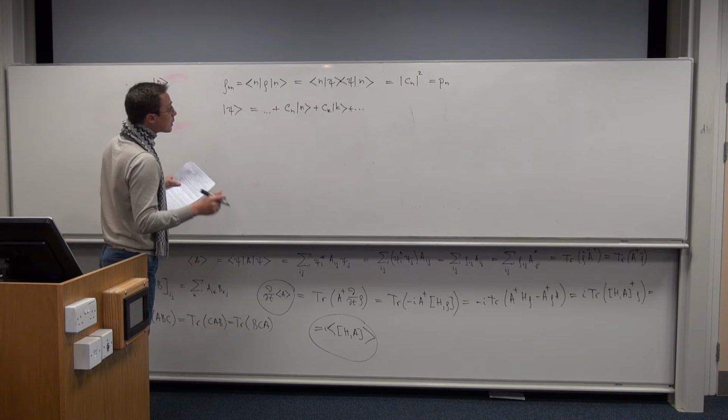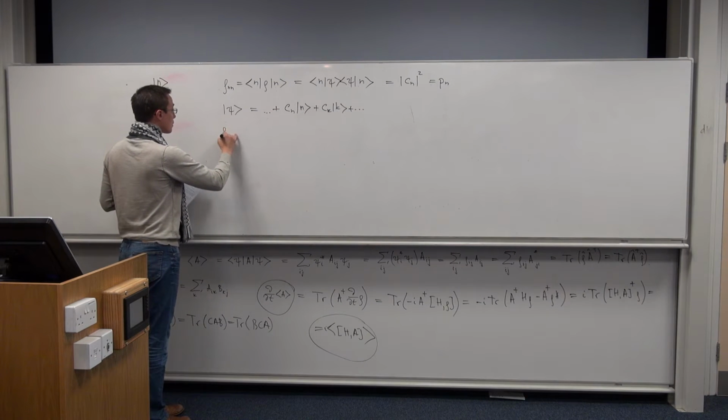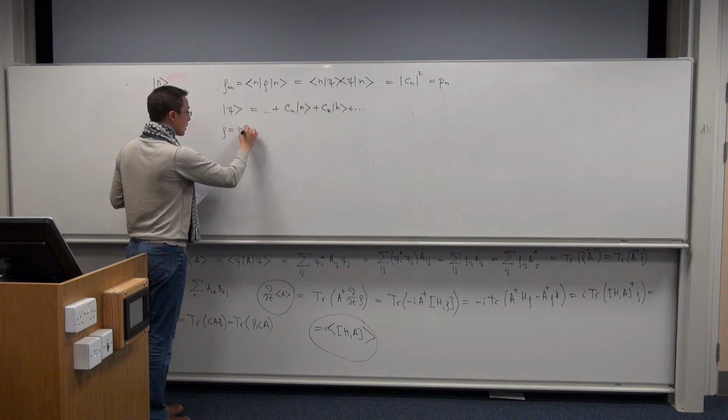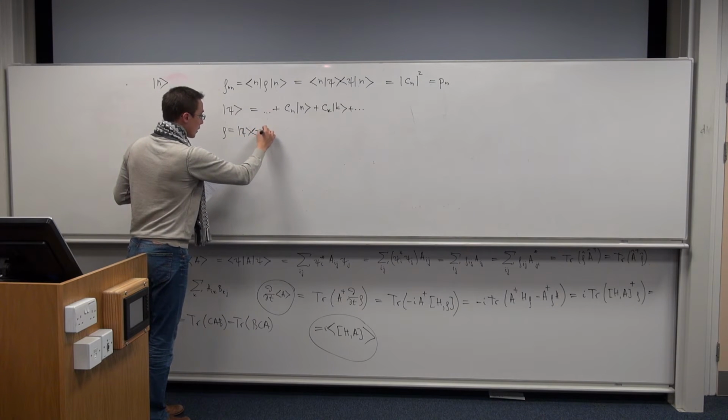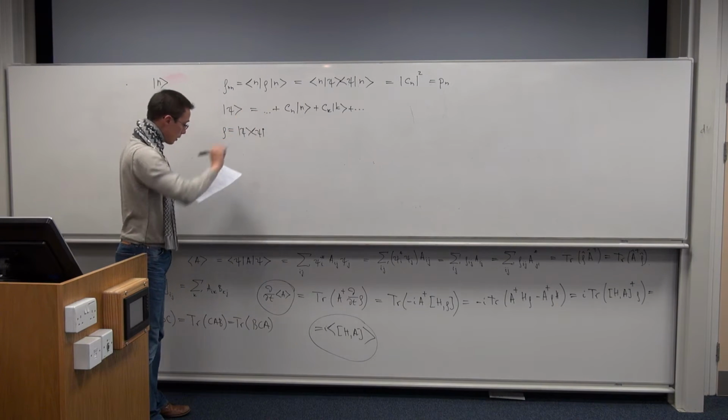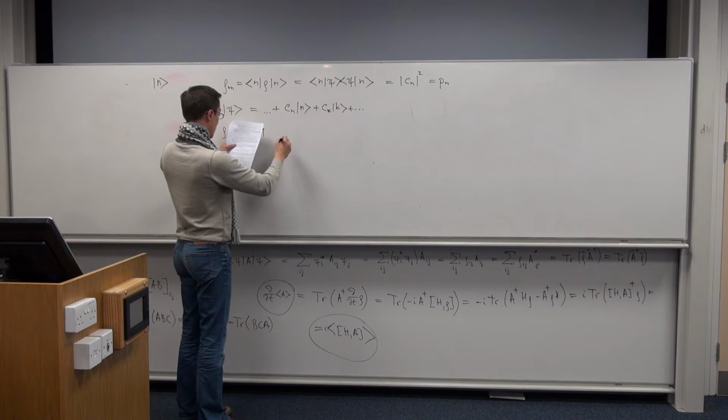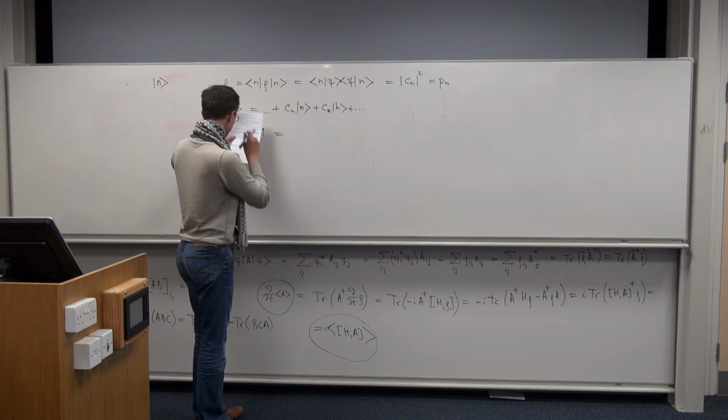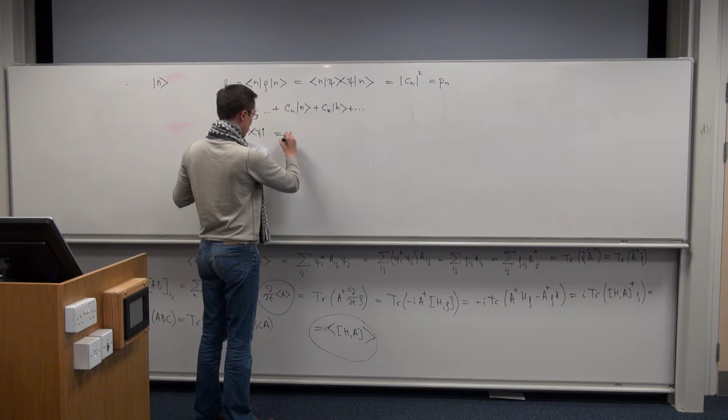So when we then look at the density matrix, rho, that will be psi psi, put it in, multiply together, it will have a big bunch of terms.